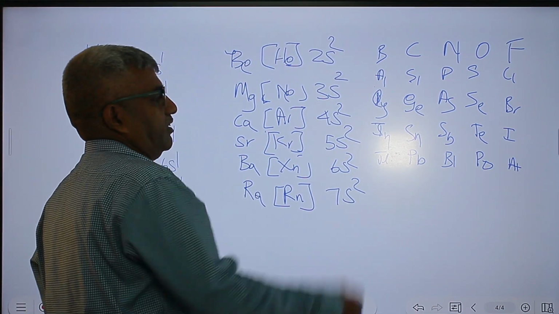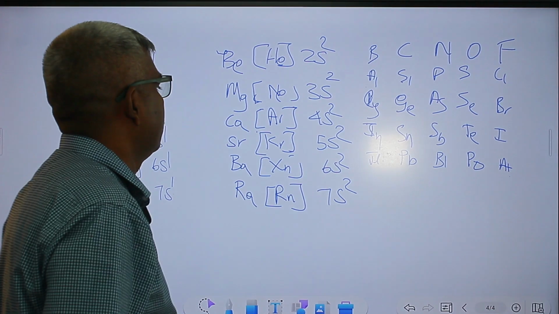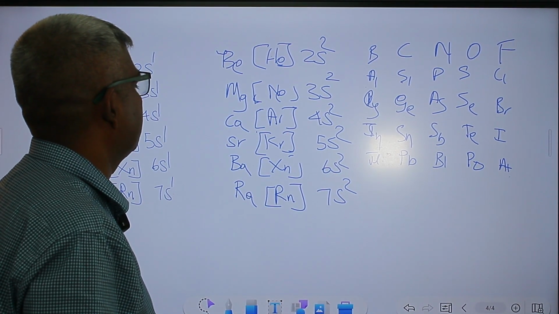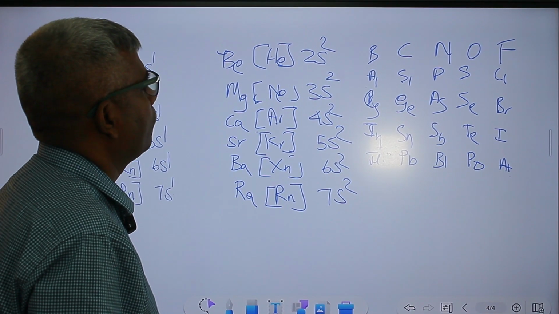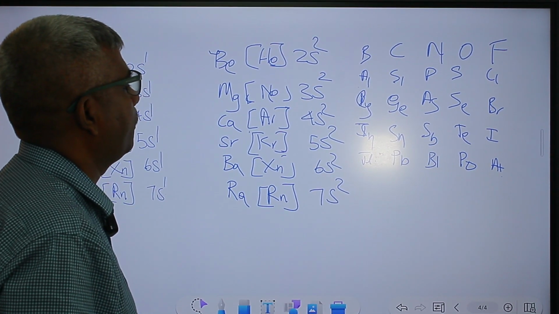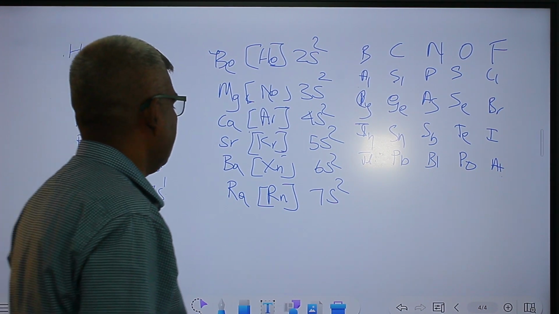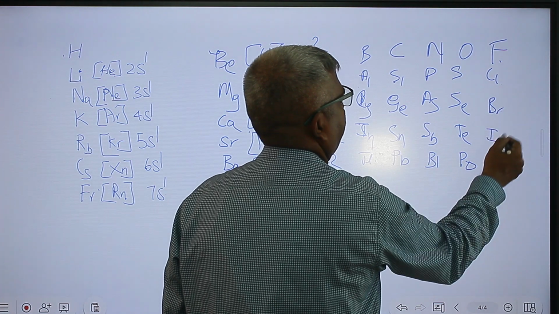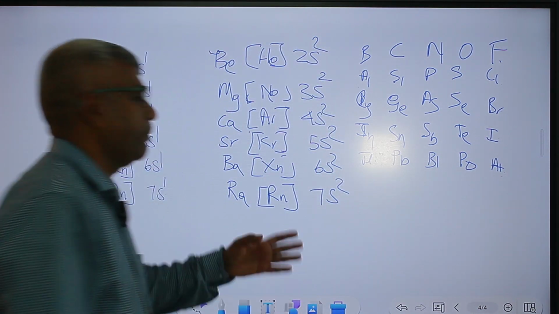Same way, sorry, 6p5: fluorine, chlorine, bromine, iodine, astatine. It is 2p5, 3p5, 4p5, 5p5, 6p5. Yes, 6p5. Copy it down.